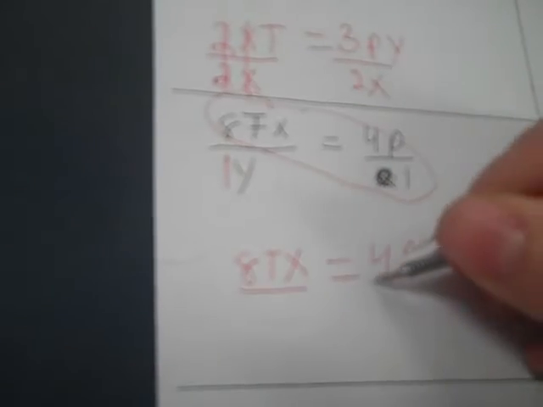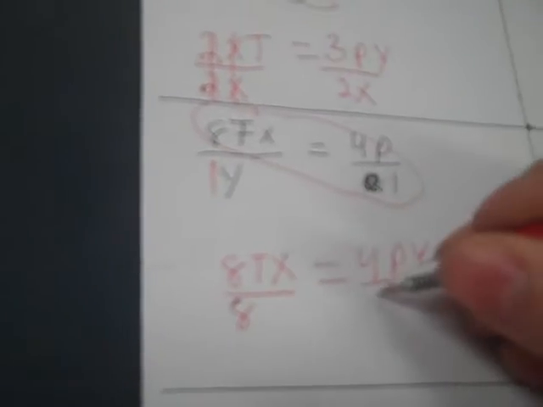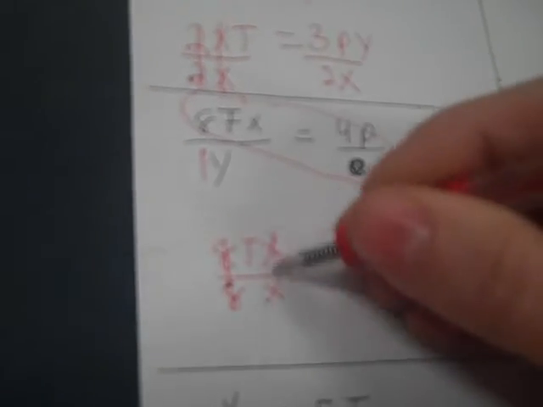Okay, now remember, in all these problems we're trying to get t by itself, okay? So here's the side with the t. Well, I'd need to divide out 8, and what you do to this side, you've got to do to this side. You also have x, and again, you have to put x over there. So t is now by itself. It is equal to 4py over 8x.